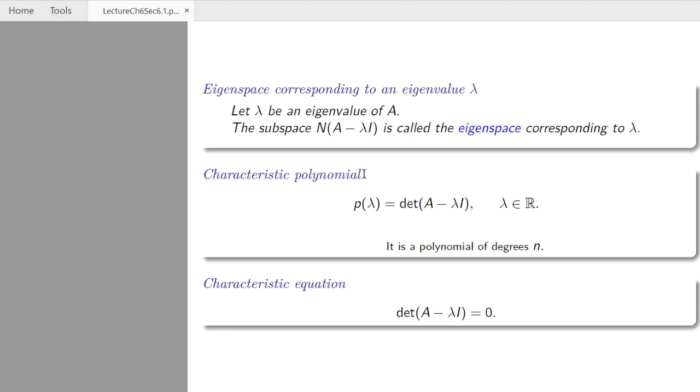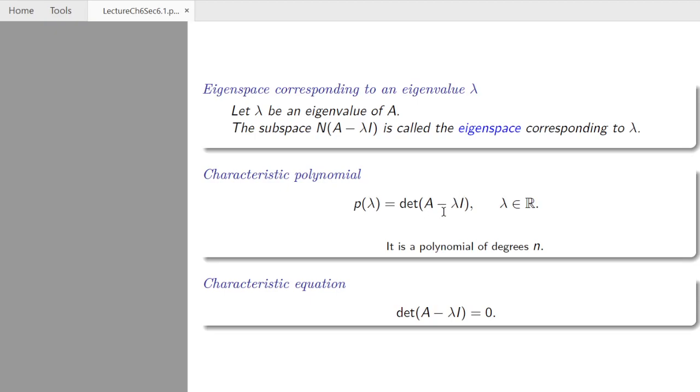Characteristic polynomial. Here we define a polynomial p(lambda) as the determinant of the matrix A minus lambda I. Recall, I is an n by n identity matrix. So from this, we can say this characteristic polynomial is a polynomial of degree n, because A is n by n, I is n by n, so the matrix A minus lambda I is an n by n matrix.